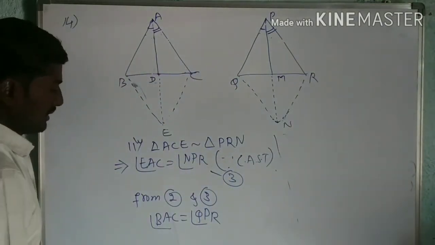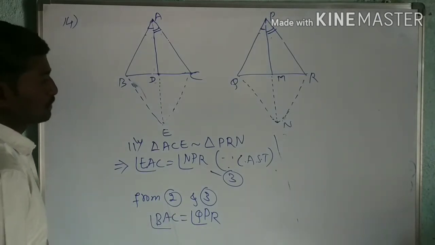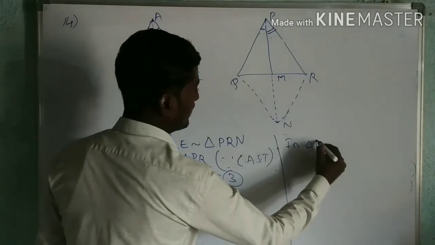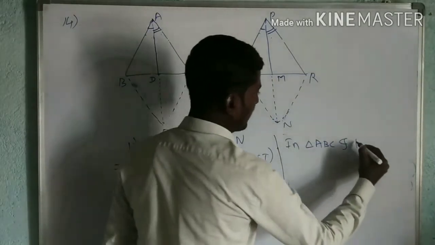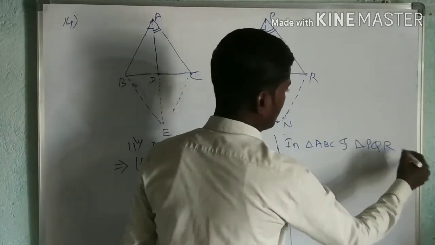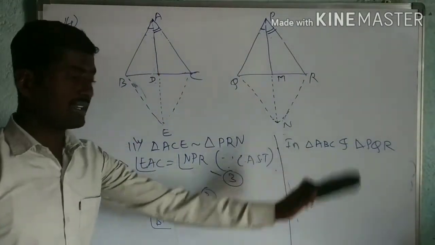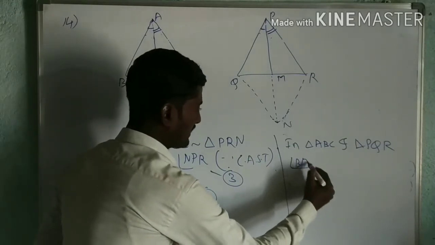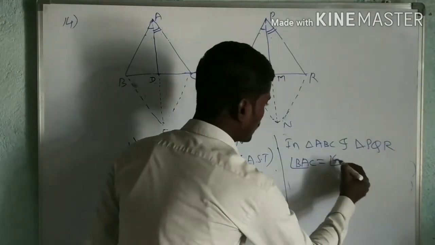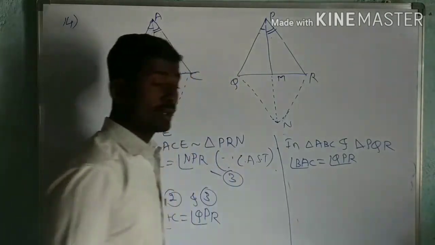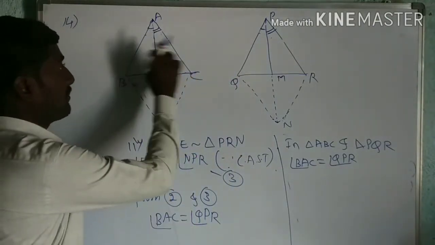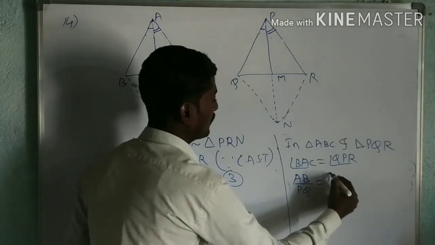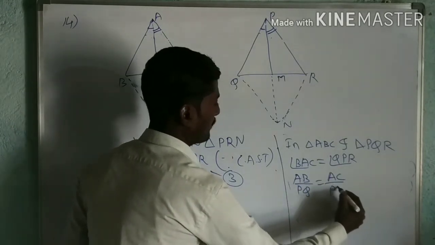Next, I got this condition. In triangle ABC and triangle PQR, I have to prove these two triangles are similar. Already proved angle BAC is equal to angle QPR, and one more condition they gave: AB divided by PQ is equal to AC divided by PR.